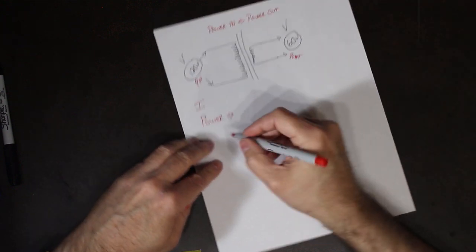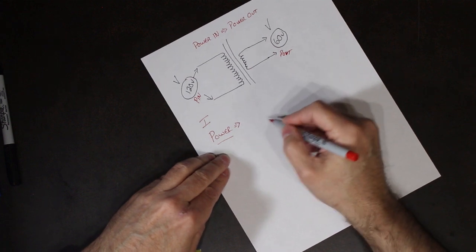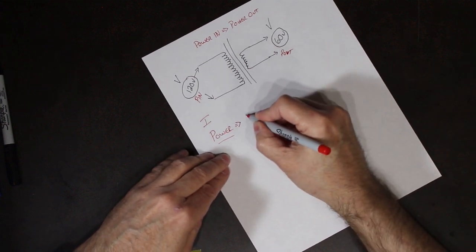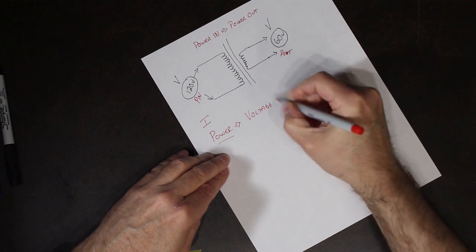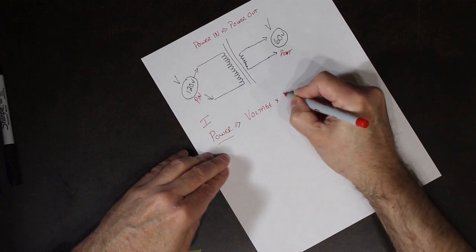But we know from our basic electronics that power is made up of not only voltage, but current.